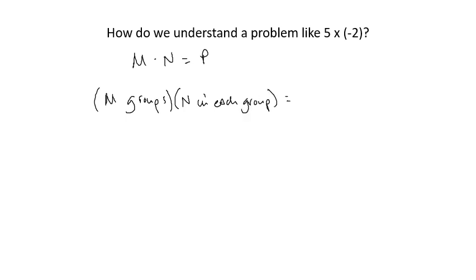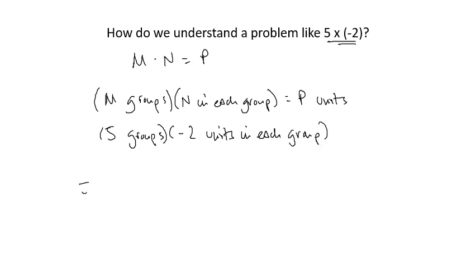And so this means I'm going to have p total units as my product. So for a problem like 5 times negative 2, I know that I have 5 groups, and I have negative 2 units in each group.